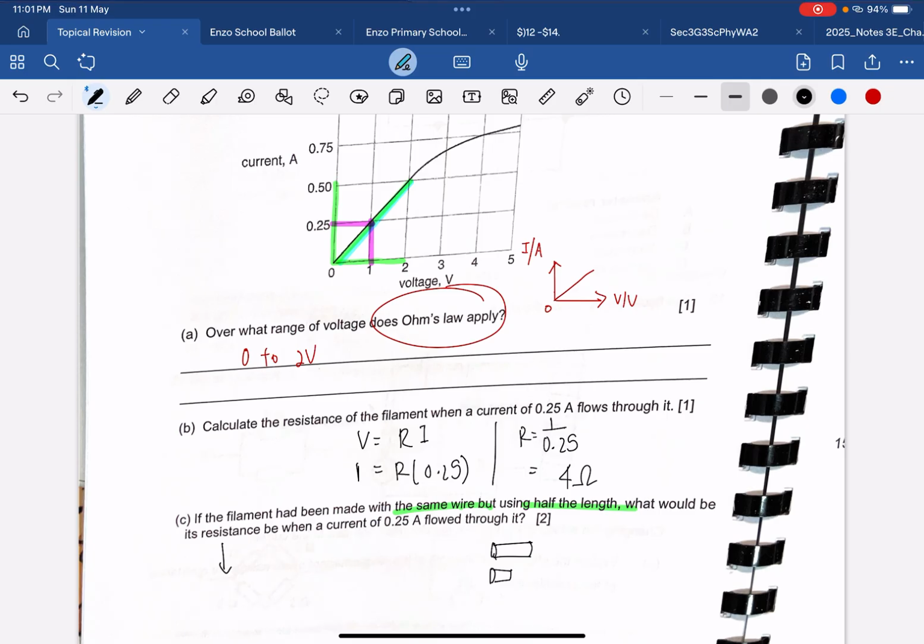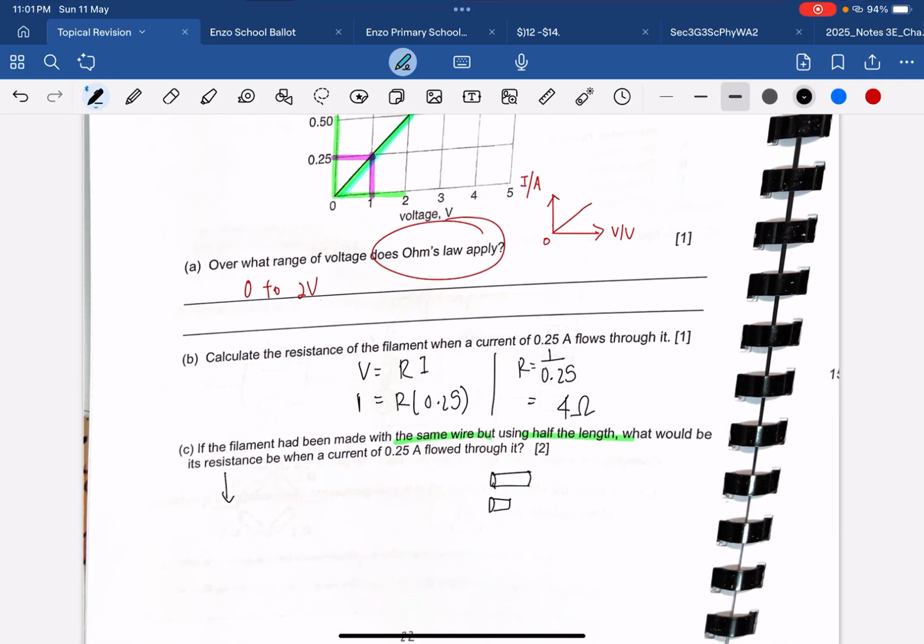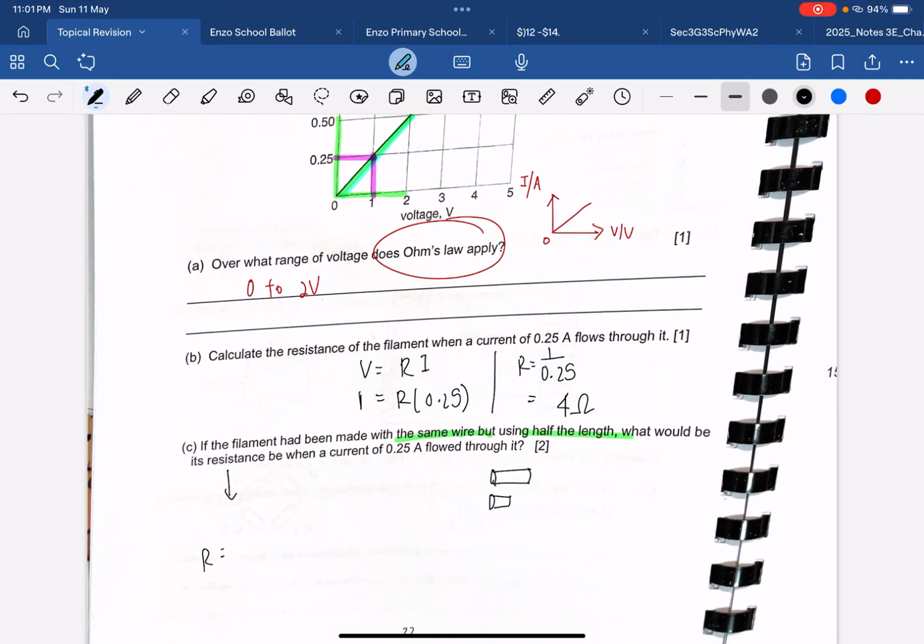So what will be the resistance when this much of current flows through it? R equals rho L over A, remember? So rho and A are the same. So when L reduces, R also reduces. So they ask you what's the resistance. The resistance should drop.